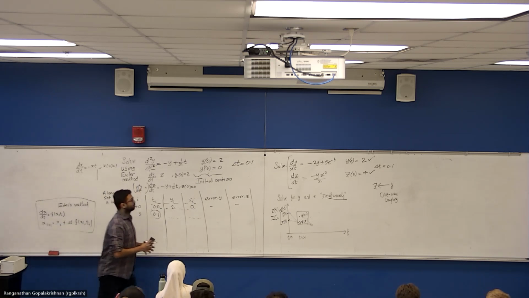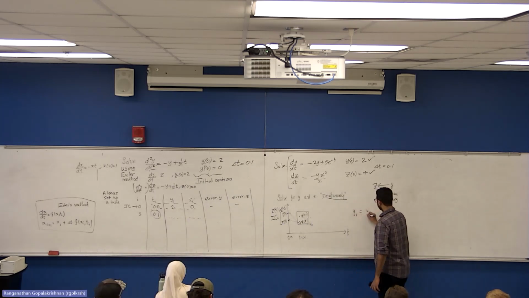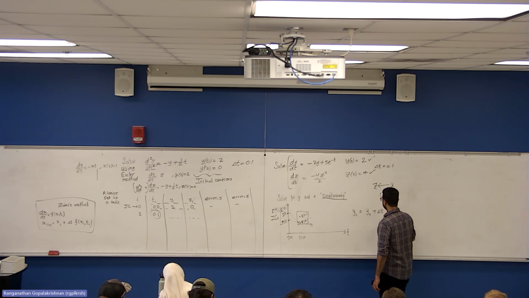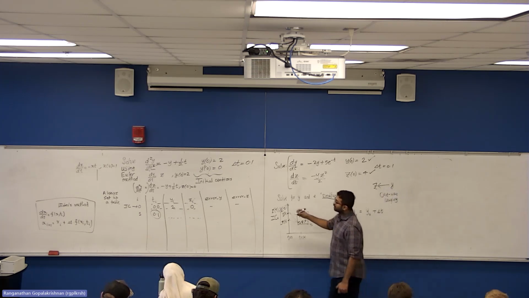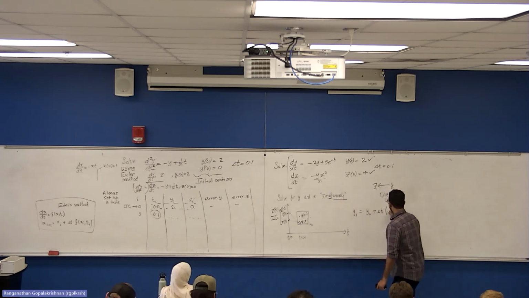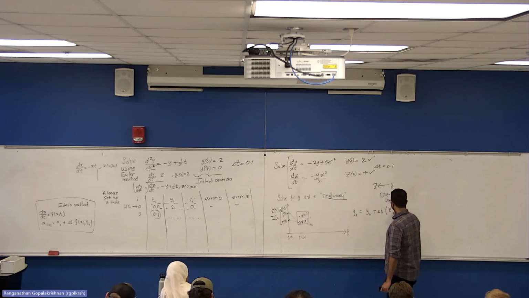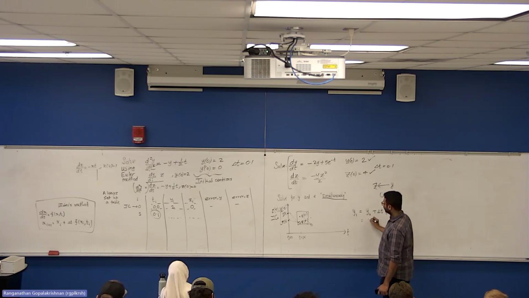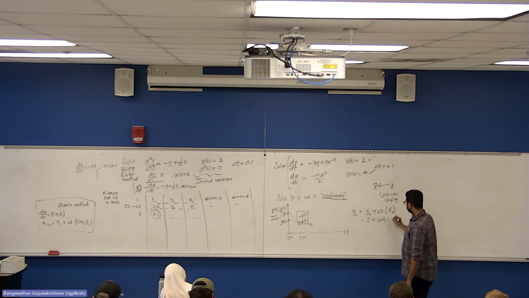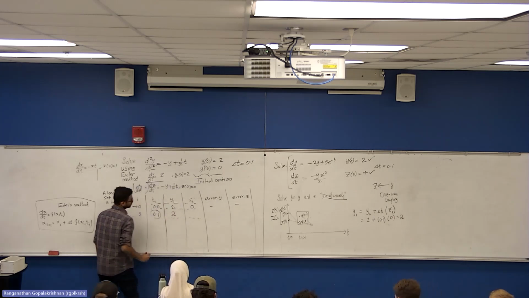So y1 is y0 plus delta t times, I look at this equation, z_i. So z0. That is y0 being 2 plus delta t being 0.1 times z0 being 0, which gives me 2. So y1 is also 2.